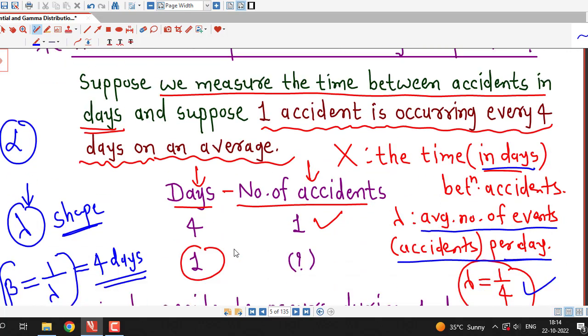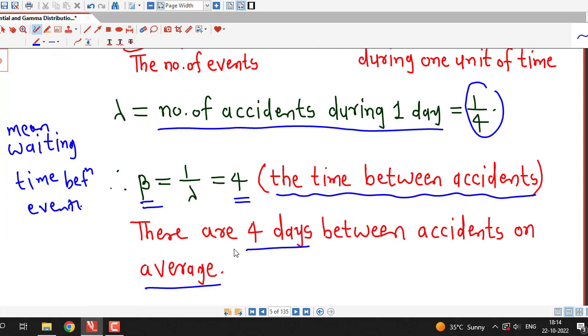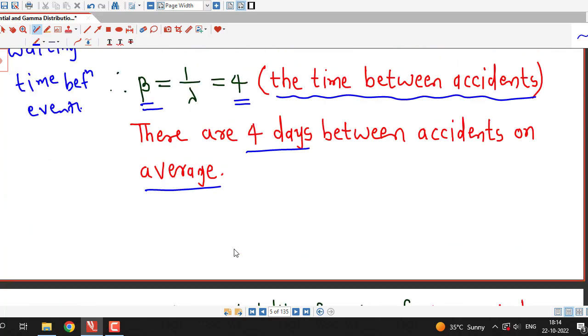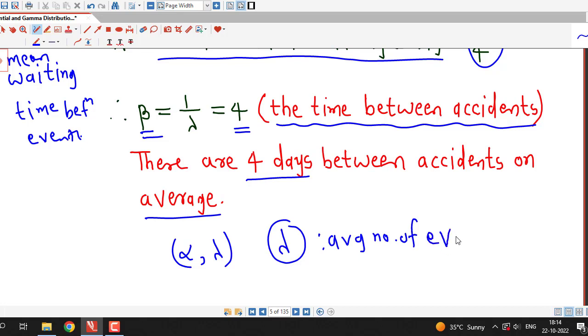The main thing is how to decide the shape parameter or scale parameter from the given distribution. If we are interested in using the PDF in the form of alpha and lambda, we must decide lambda, which is the average number of events per unit of time.